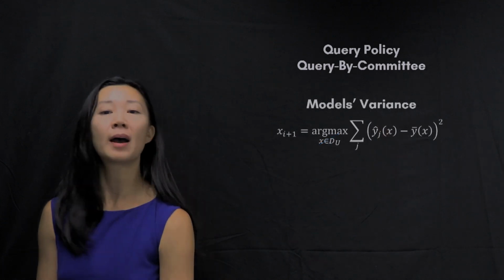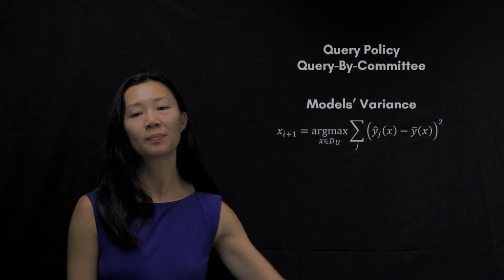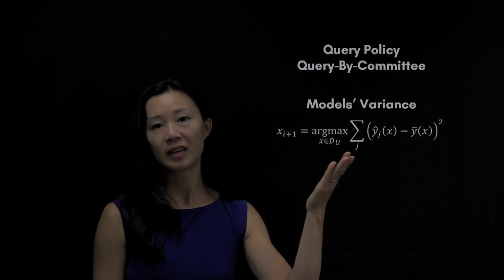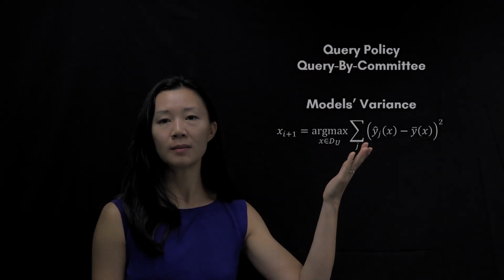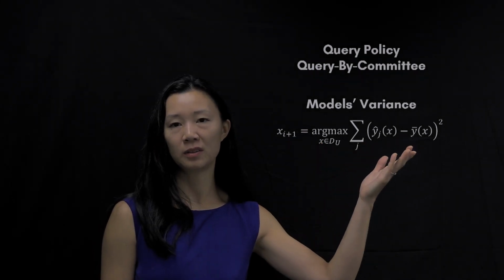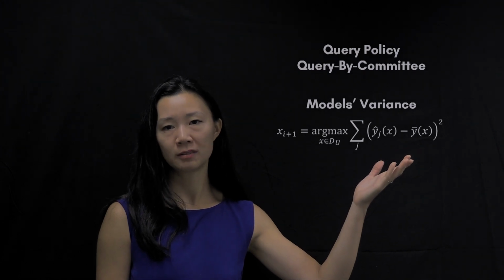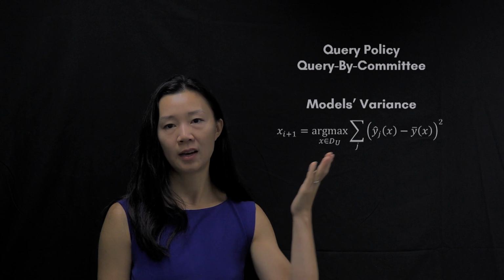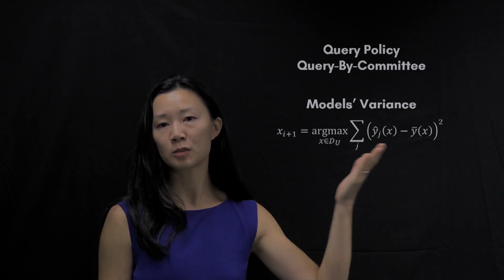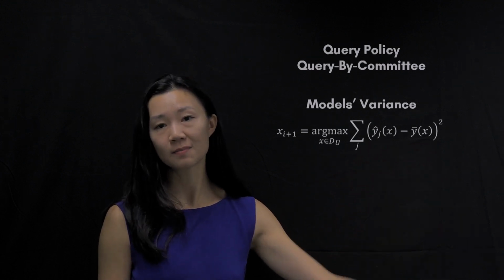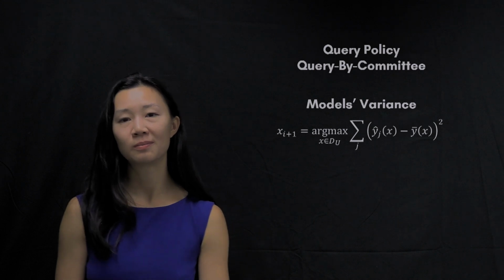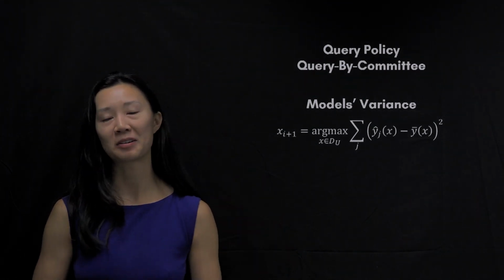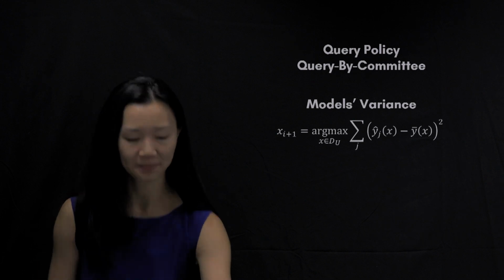That can be mathematically described by this equation here, where you are looking at the prediction of each model, finding the difference to the mean prediction across all of the unvisited data points. This right here is an expression for model variance, and you should get something that maximizes disagreement across the models with this query policy.